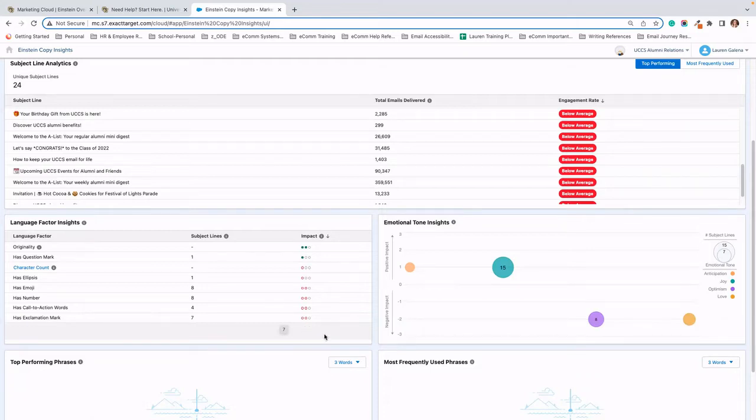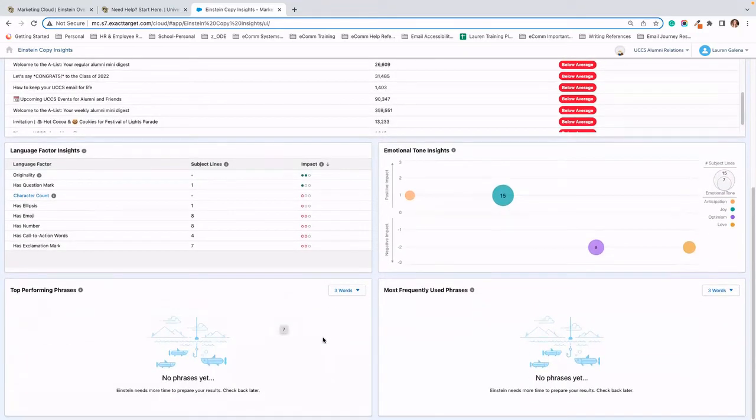And in this business unit, there isn't enough data yet on frequently used phrases or top performing phrases, but that would be populated here, and it would give you the top performing 3 words used in a subject line and the most frequently used phrases in a subject line, and we give you some engagement insights there as well.